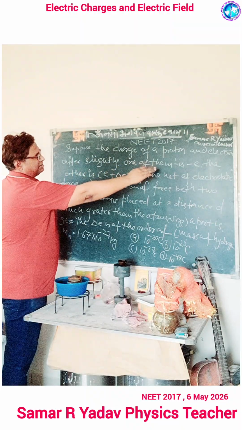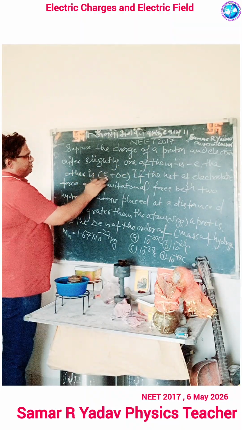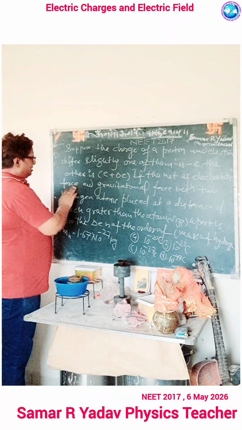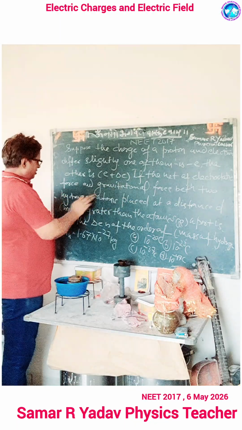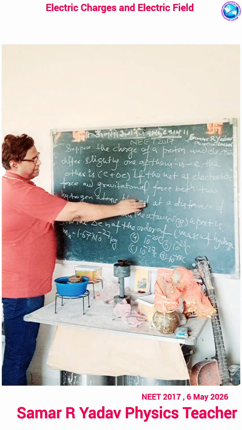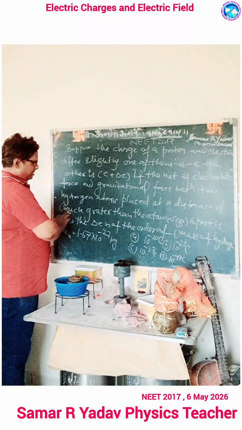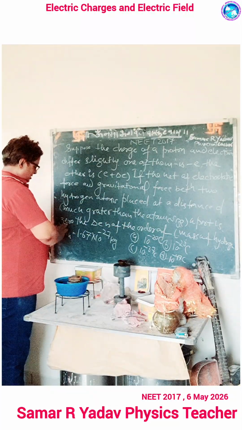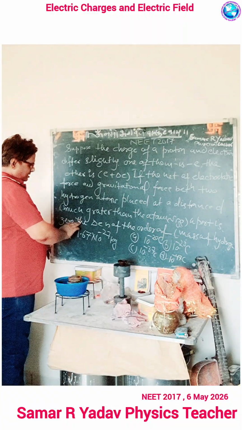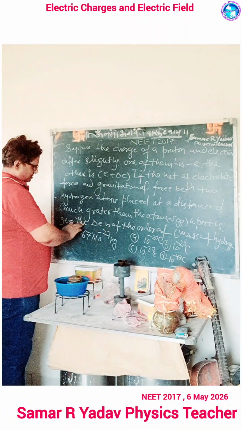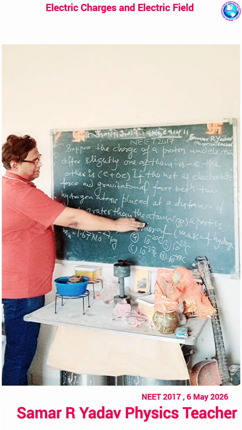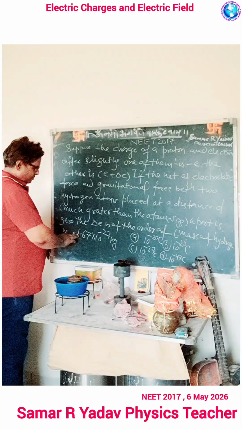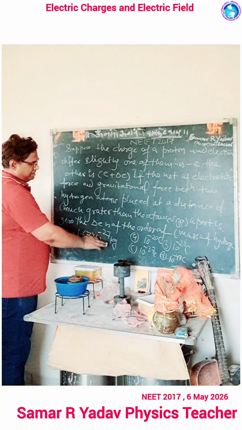One of them is minus E and the other is E plus delta E. If the net of electrostatic force and gravitational force between two hydrogen atoms placed at a distance d, small d much greater than the atomic size apart, is 0, then delta E is of the order of, mass of the hydrogen mH is equal to 1.67 into 10 power minus 27 kg.